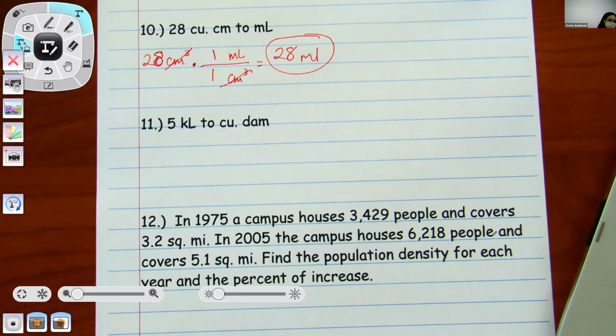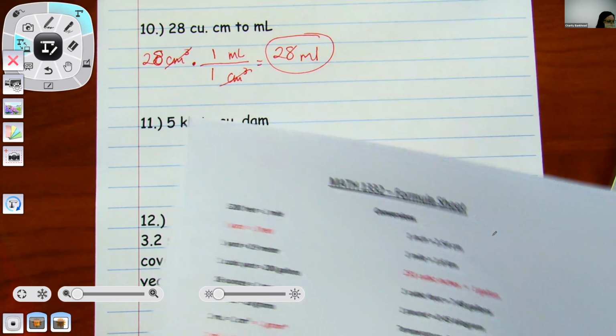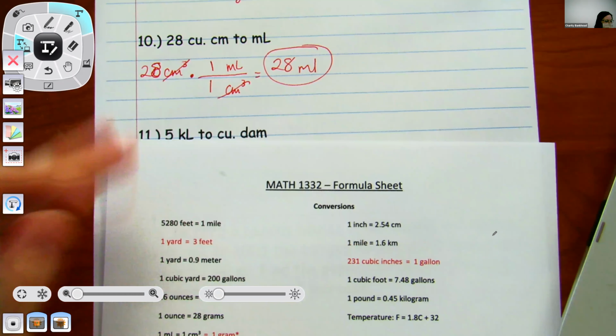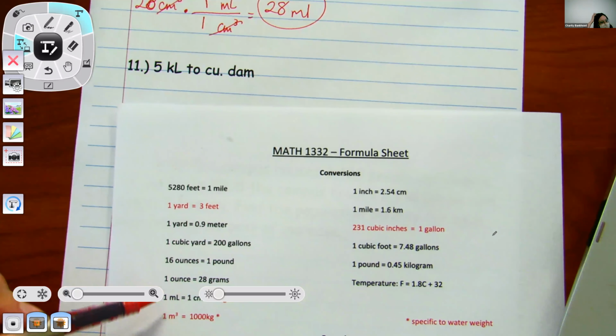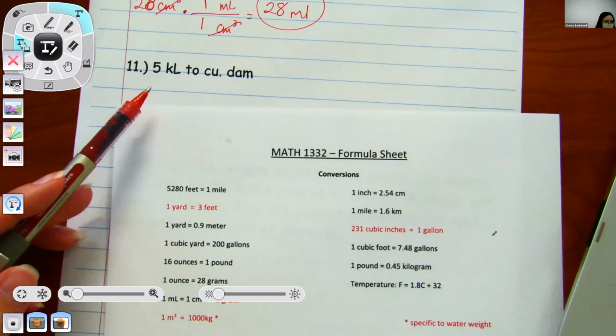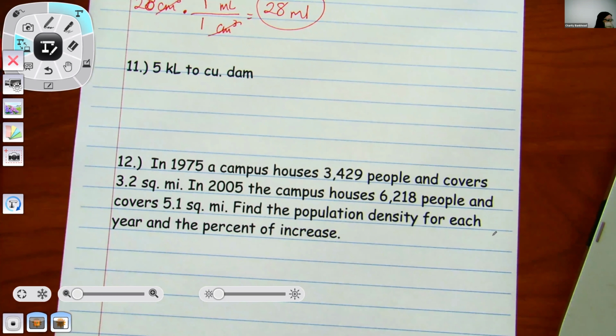All right, so number 11, that one's going to be a little bit more challenging because you don't have a direct conversion factor. Looking at our formula sheet, the only thing we have related to liters would be milliliters. So let's convert 5 kiloliters to milliliters. We can do that with King Henry died by drinking chocolate milk.